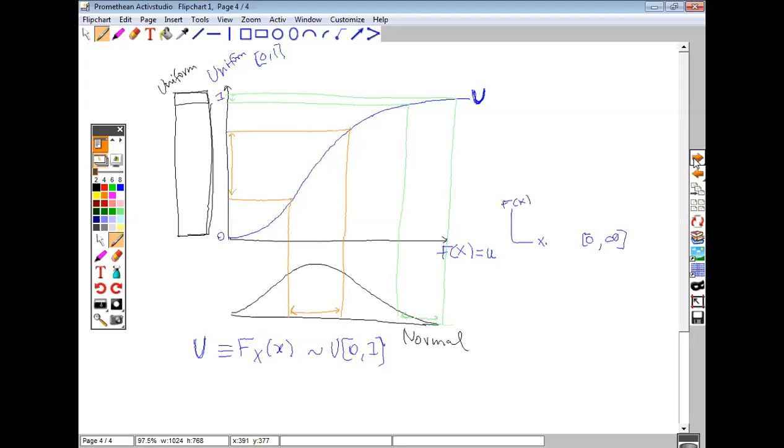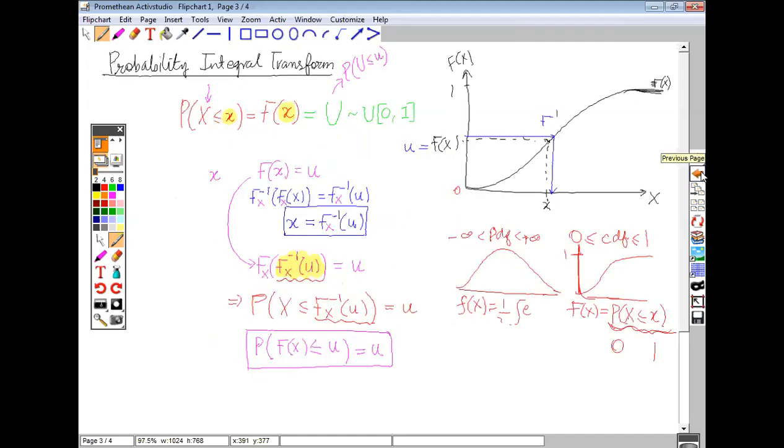Will the CDF follow a uniform distribution only in the case of normal? No, in any case. That was a good question. Here we didn't specify what my f of x is, so it holds for any distribution f. But thank you very much, Isha, for asking.